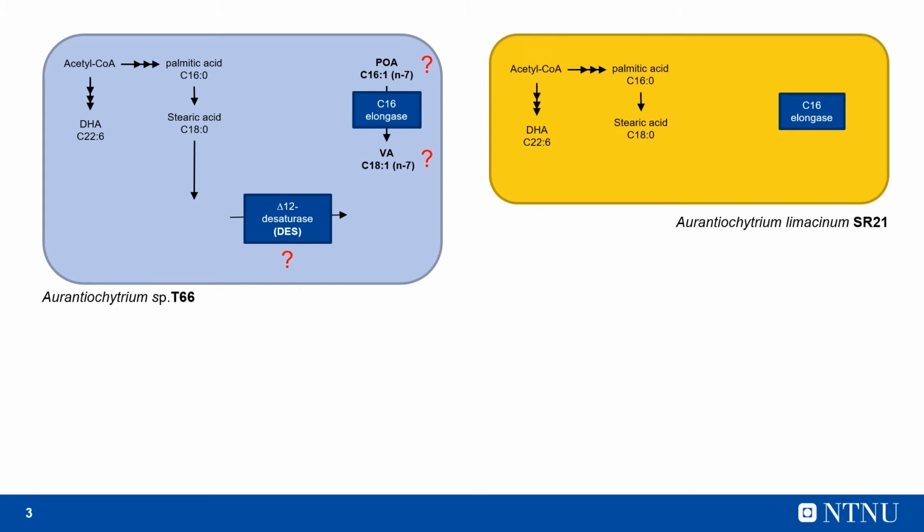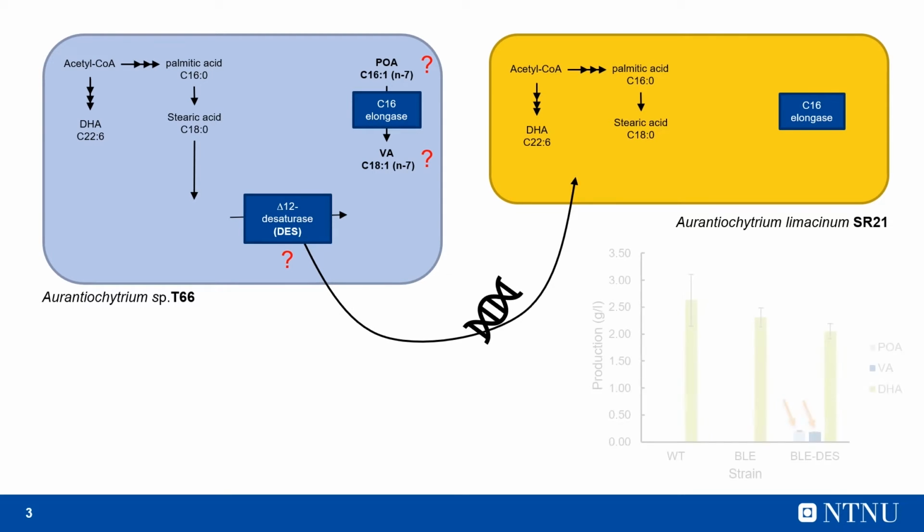What is different from T66 is that DES is absent in the SR21 genome. It also does not produce POA and VA. After overcoming challenging genome engineering procedures, I created a strain expressing DES in SR21, which turned out to produce POA and VA.